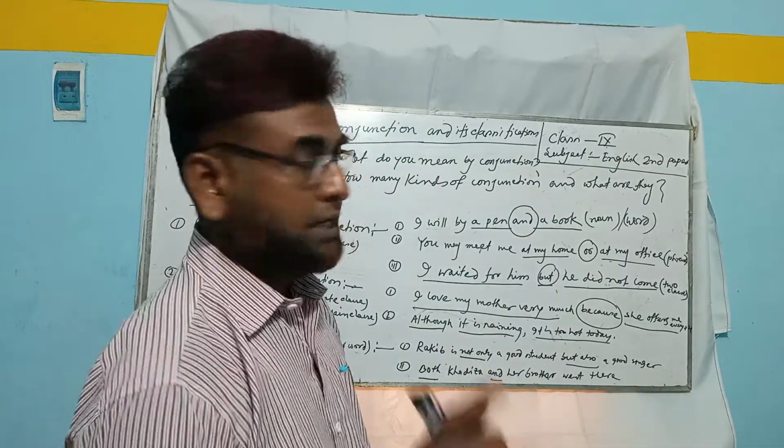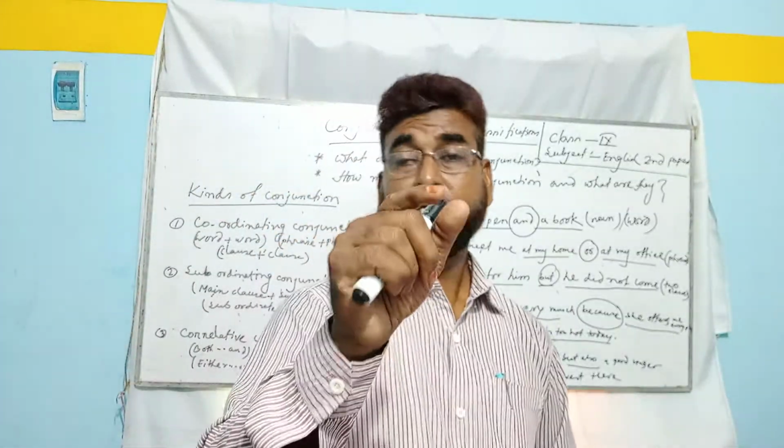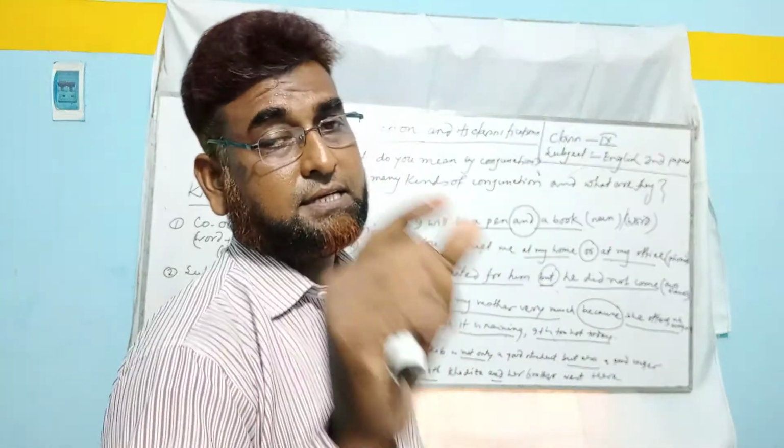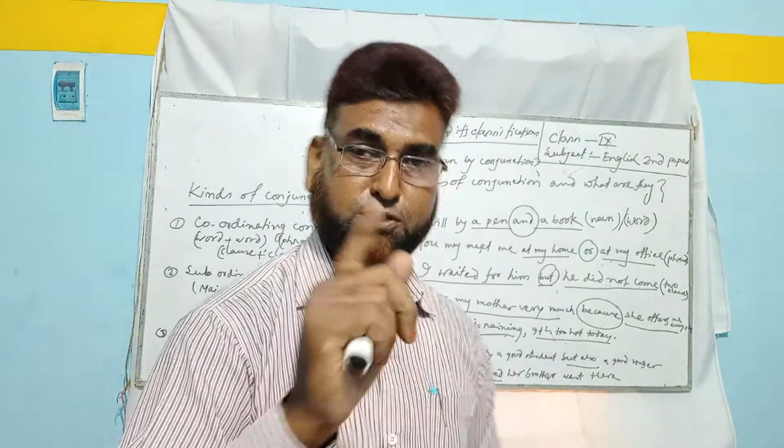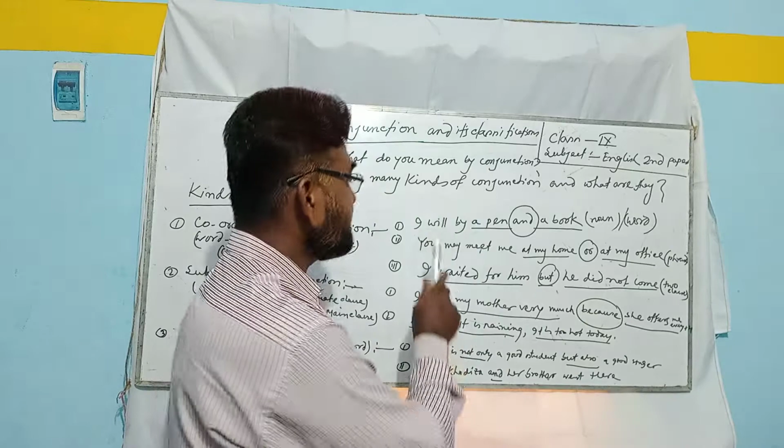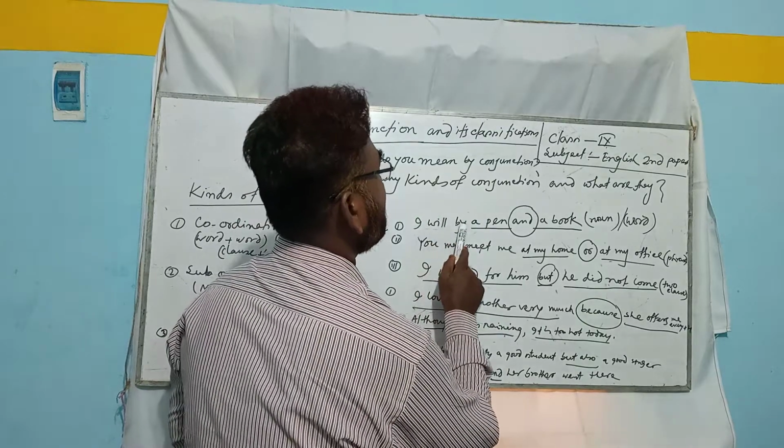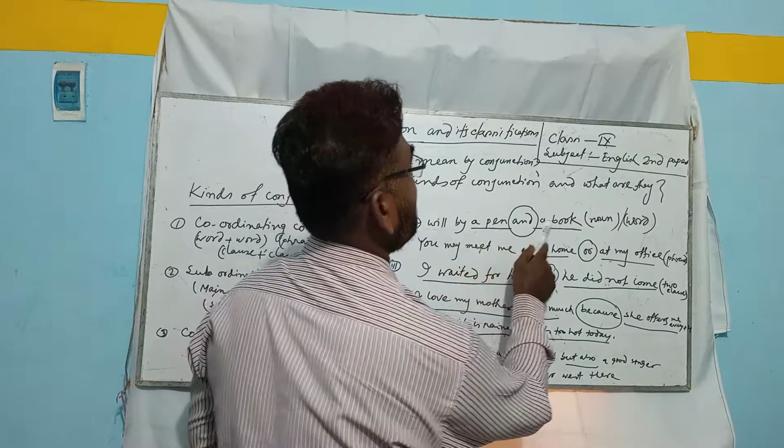Dear students, it will be very easy to understand if I write some examples on the board. So look at the board. I have already written here: I will buy a pen and a book.